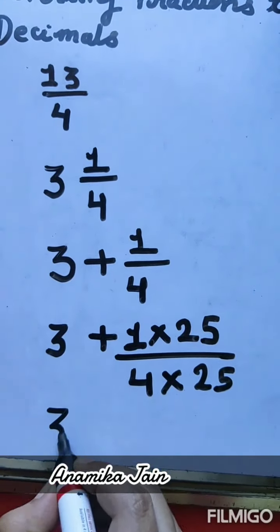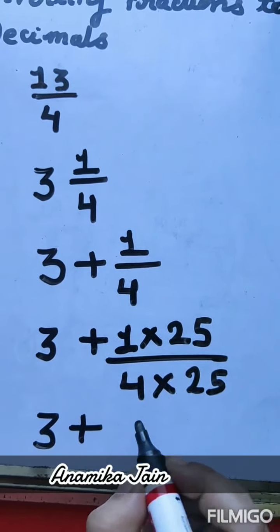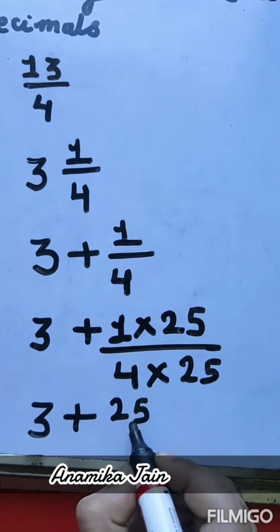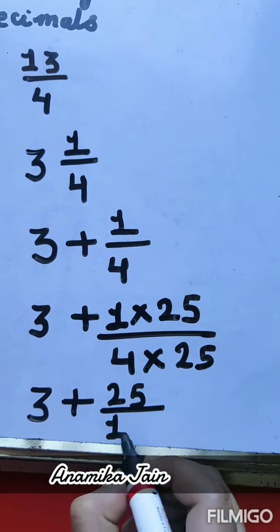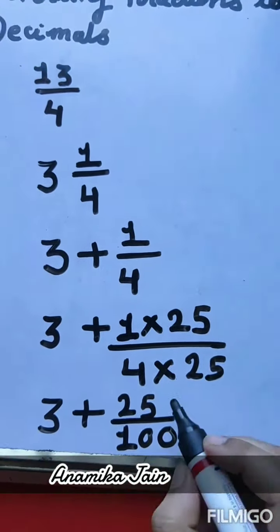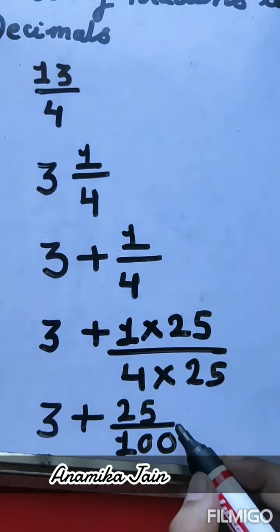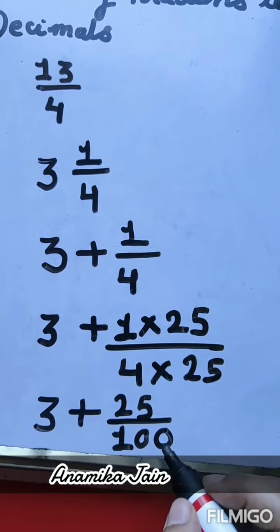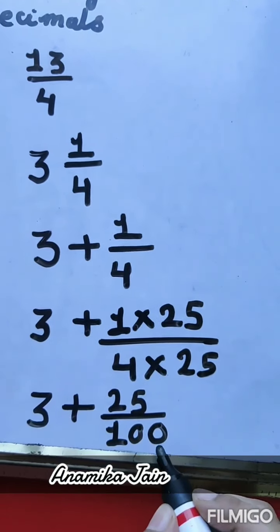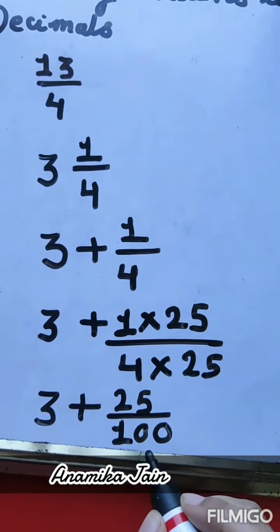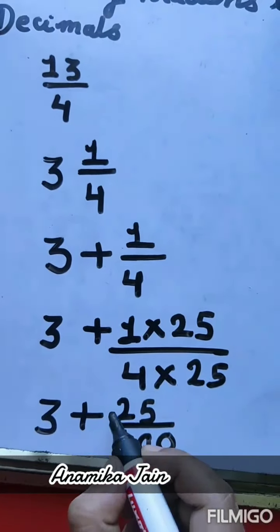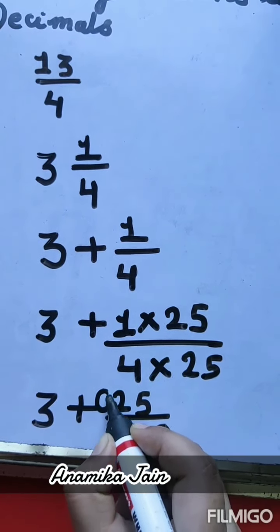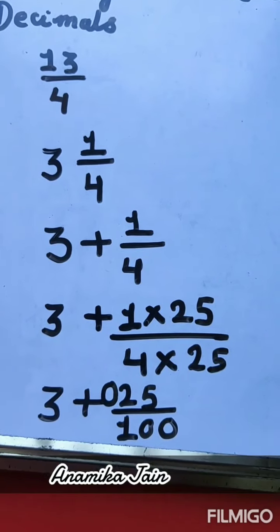So we will write 3 plus, 1 25 times is 25 and 4 25s is 100. Now the numerator is smaller than the denominator, so make the same number of digits in the numerator and denominator. How many digits are there in the denominator? There are 3 digits, so we will also make it equal to 3 digits.